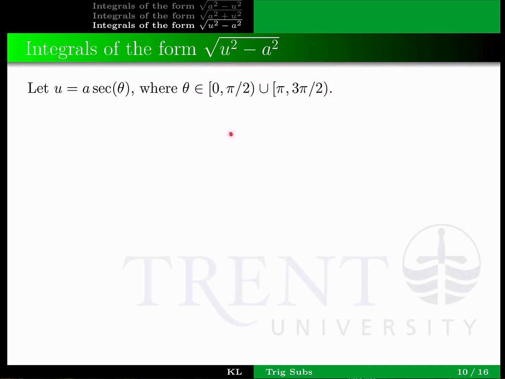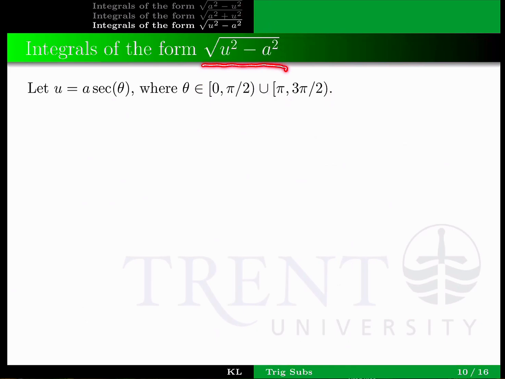So it is important that we take the first quadrant and the third quadrant. The reason is, if we take the square root of u squared minus a squared, that will become tangent squared, or some sort of tangent squared times a constant. If you take the square root of tangent squared, then you will need to put absolute value of tangent theta.